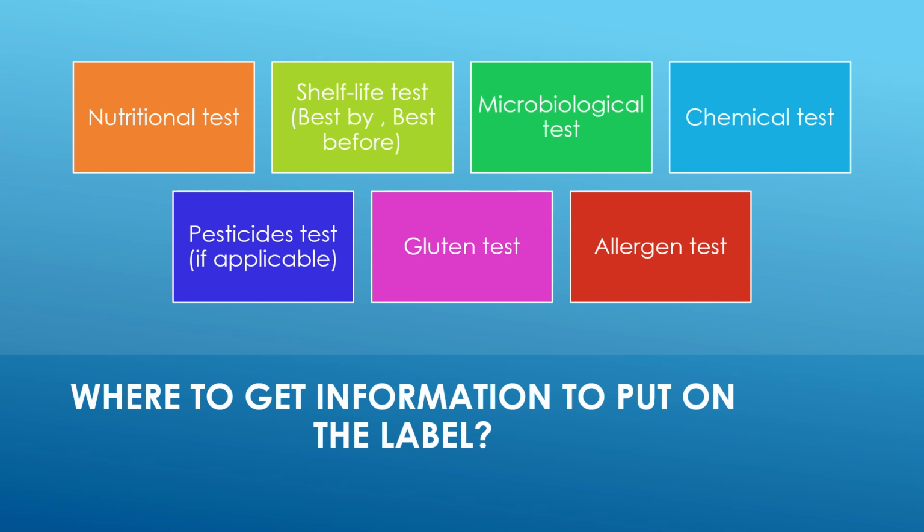So your nutrition facts, you can have it done for a relatively small amount of money if you are making certain products. Baking is very popular, so there are baking losses that you need to account for.